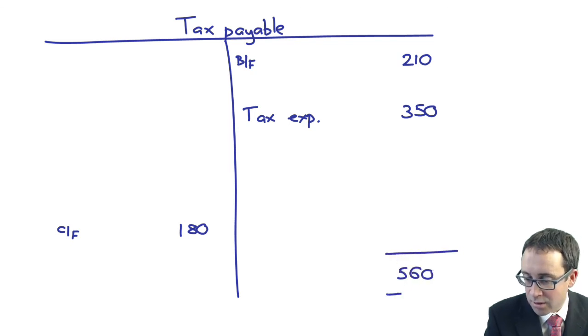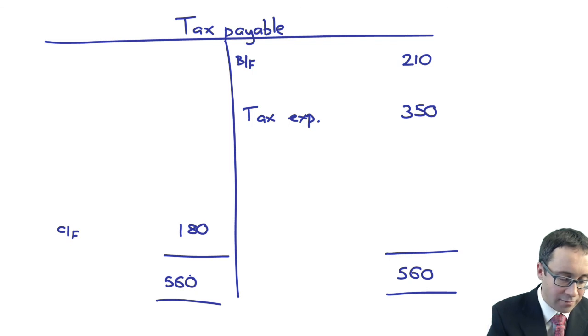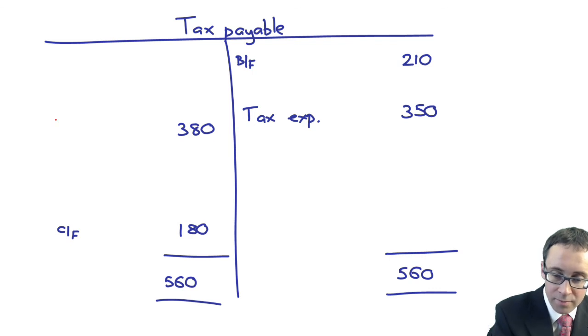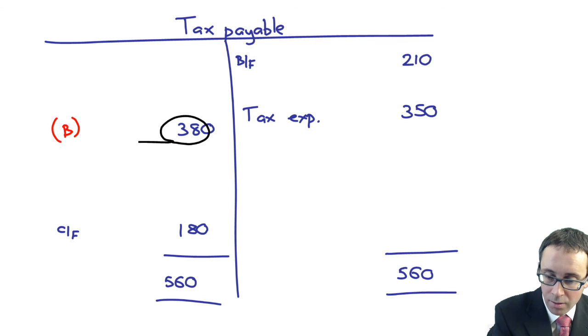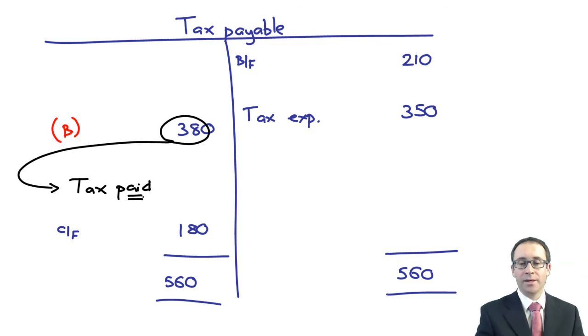Add it up both sides, it's 560 right. 560 left. Then your balancing figure is 380. And that is your tax paid figure. Okay, 380. There we go. Excellent.